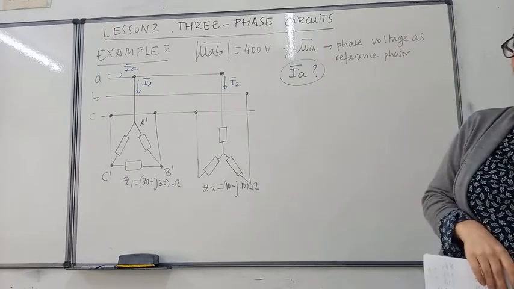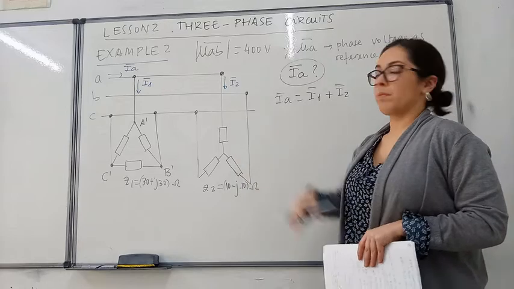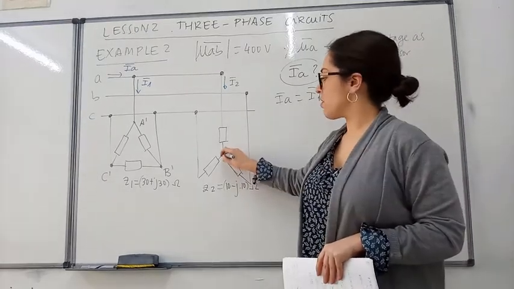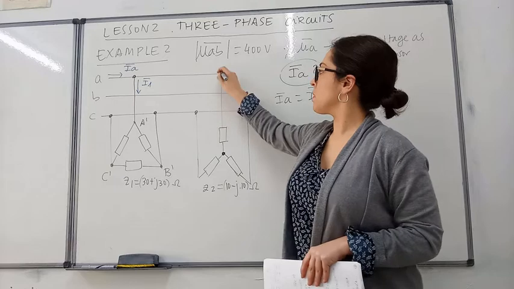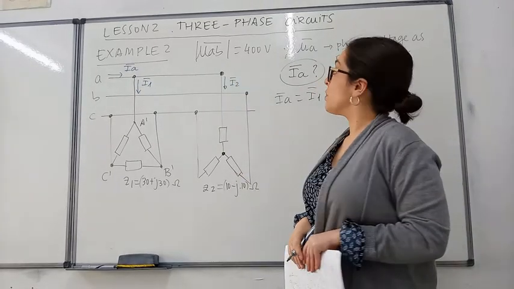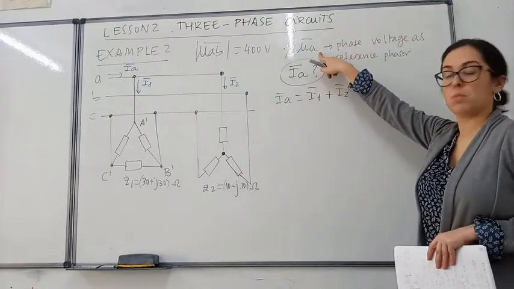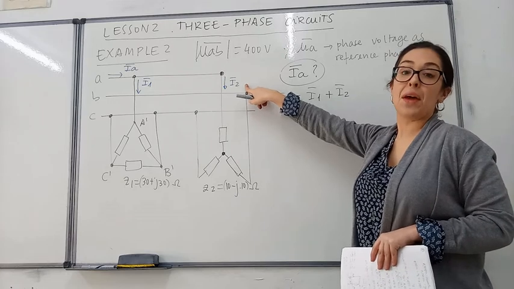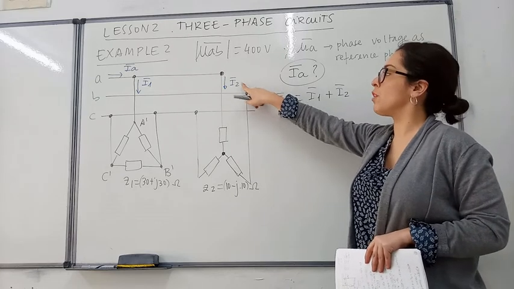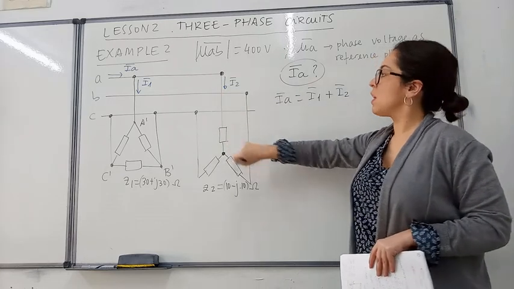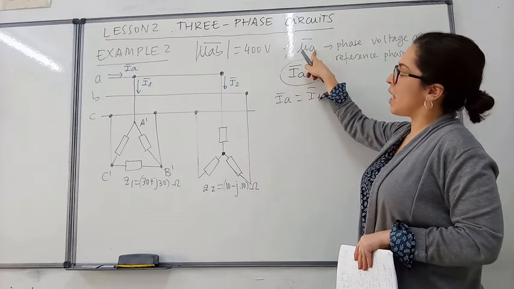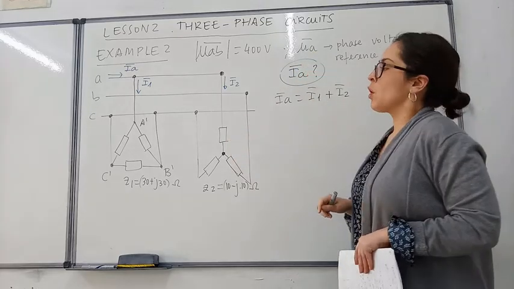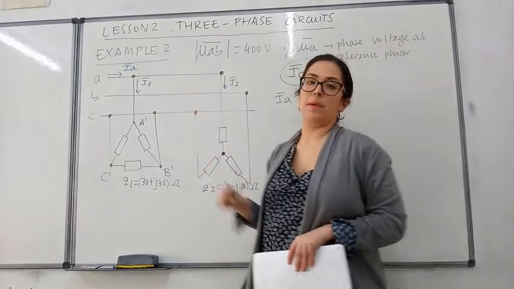I2 could be directly obtained because the difference in potential between this point and this point coincides with the phase voltage. So I2 could be obtained directly by applying Ohm's law to this load, dividing voltage A by impedance 2. But what happens with current 1?